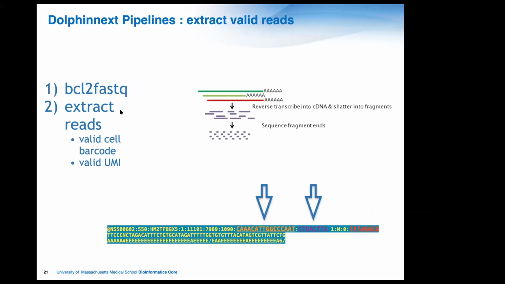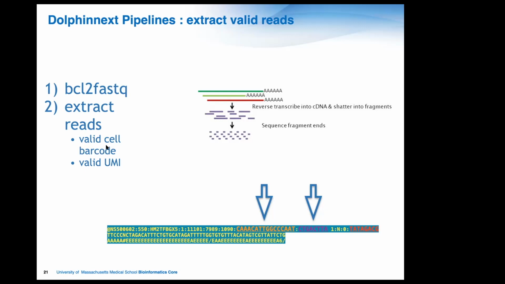The next step in the Dolphin pipeline that we're going to work with the data from today is extracting the valid reads. So as I had mentioned earlier, each one of those hydrogel beads should have a UMI on it, and it should have a cell barcode on it. The cell barcode is actually a whitelist. We know exactly what cell barcodes are in the experiment.